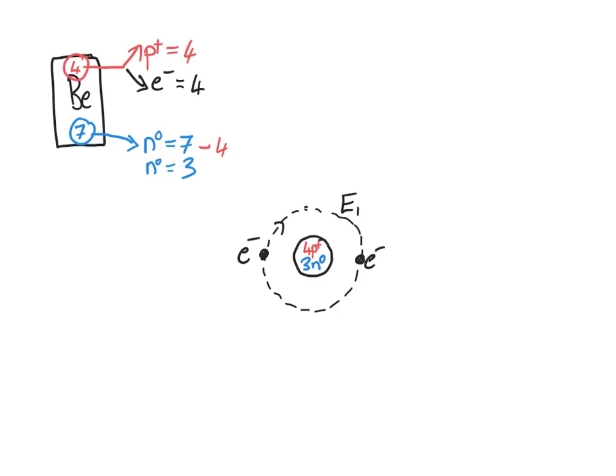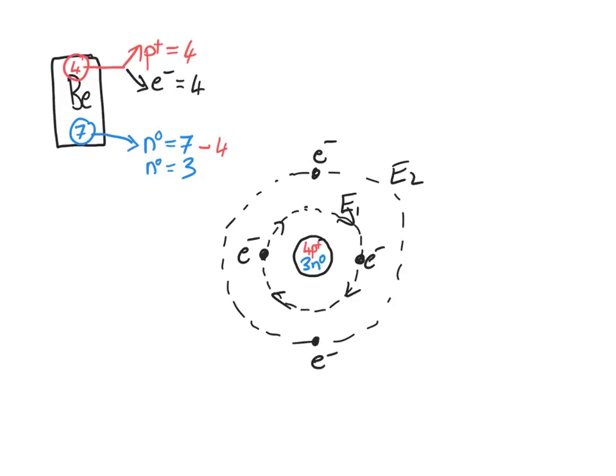They are going to zip around in this orbit. We prefer to call it an energy level. There are 2 electrons there. In the second energy level 2, we can put the remaining 2 electrons. And how you put them doesn't really matter.